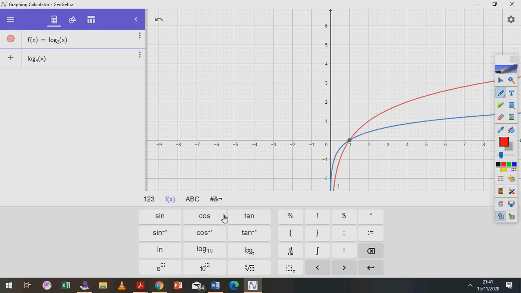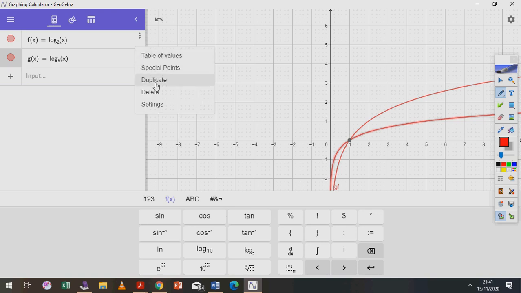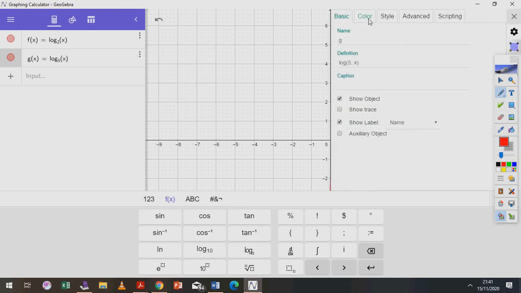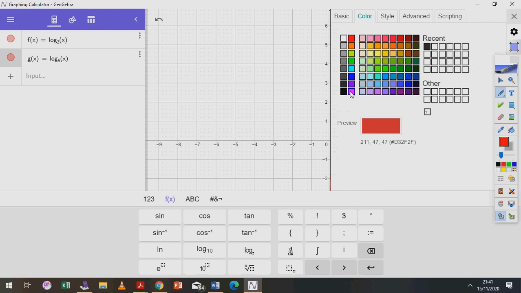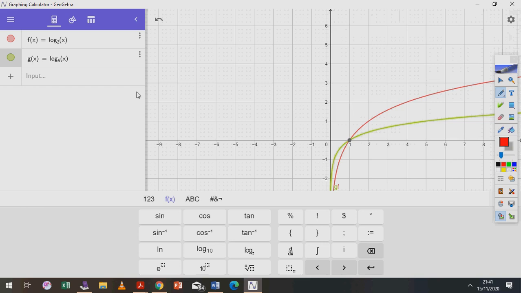The graph of that is going to be that second red one. Let me change that color to green. Okay, so the green one is the 5, right?